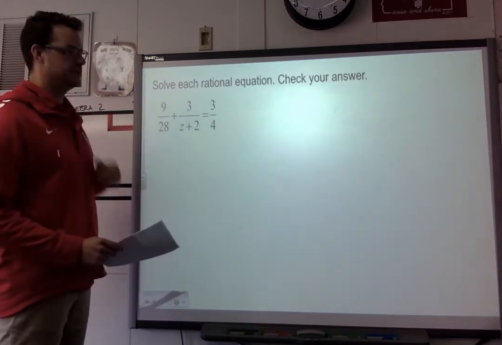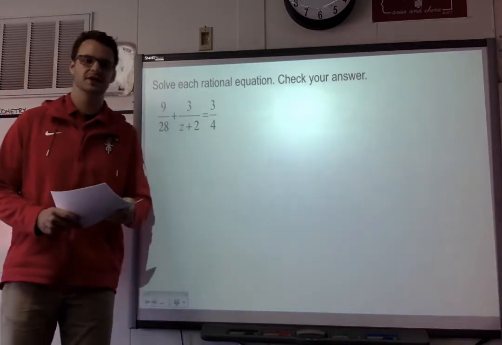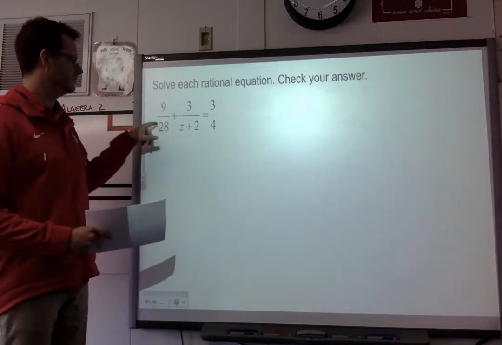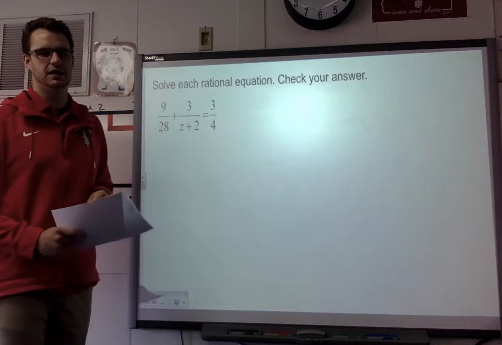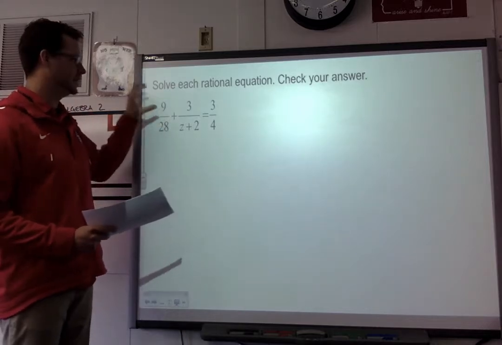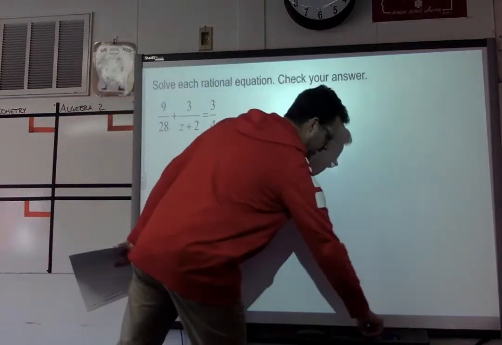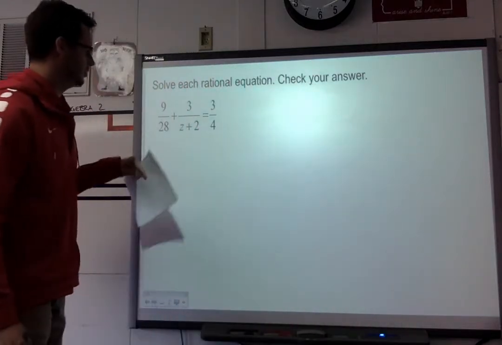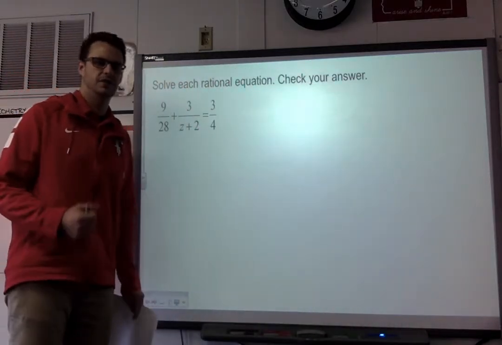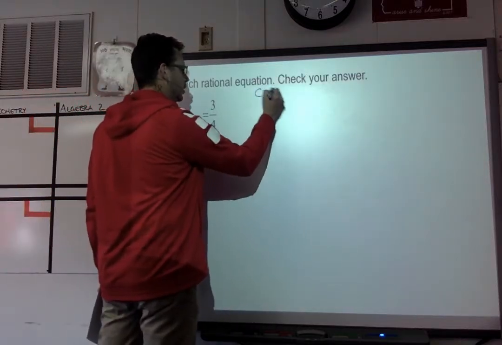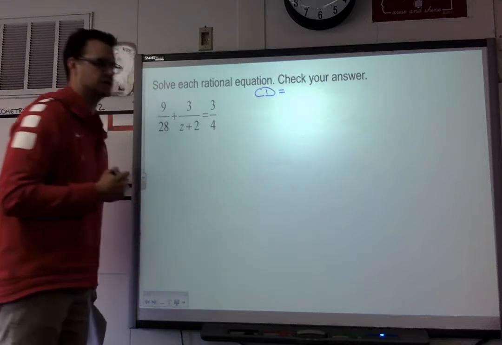So when we're working with these rational expressions, the first thing that I'm going to do to solve these equations is get rid of the denominators in order to get an equation that does not have fractions anymore. Now, my steps in order to get rid of my denominator, the first thing I need to do is figure out what my common denominator is going to be.